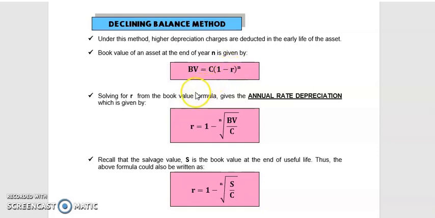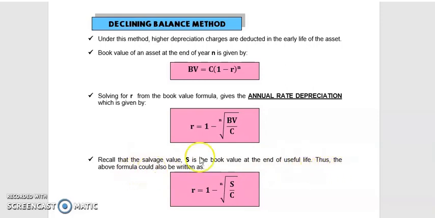So how to calculate value R, annual rate of depreciation? R equal to 1 minus the nth root of BV divided by C. BV is book value, which is value of the asset at that particular year. Recall that the salvage value S is the book value at the end of useful life.